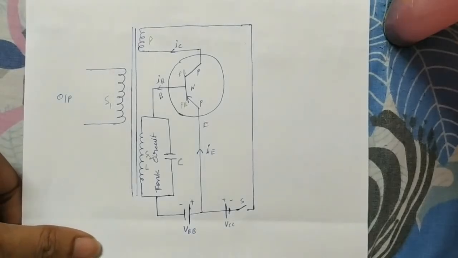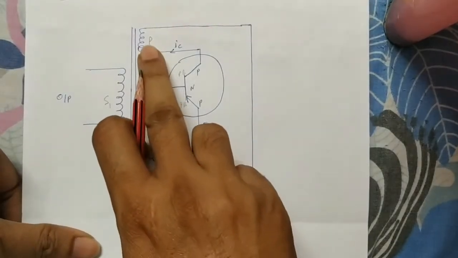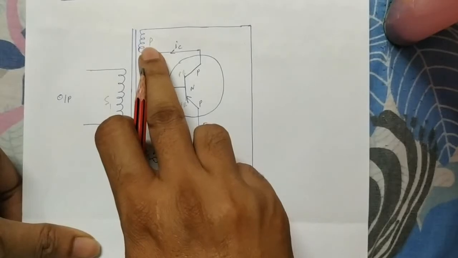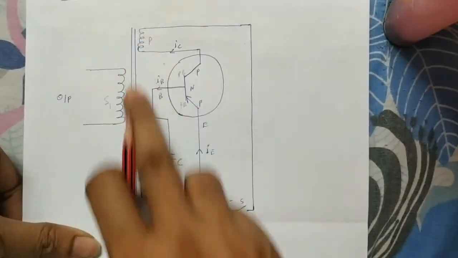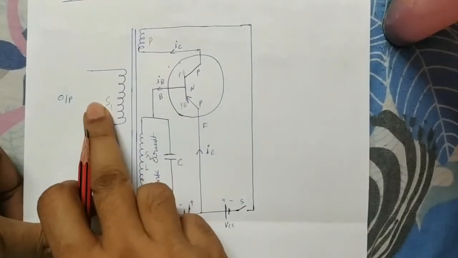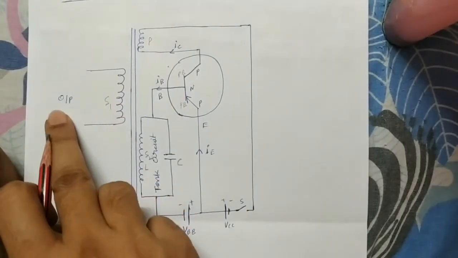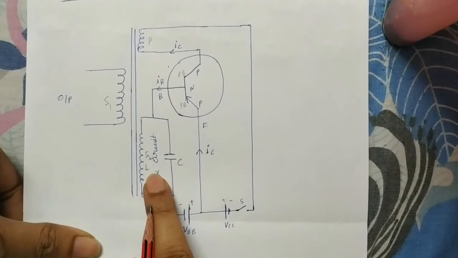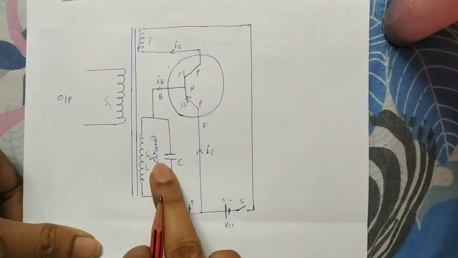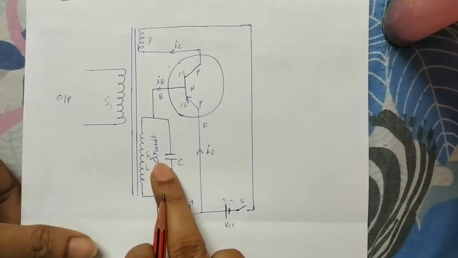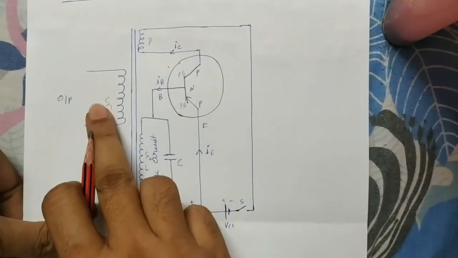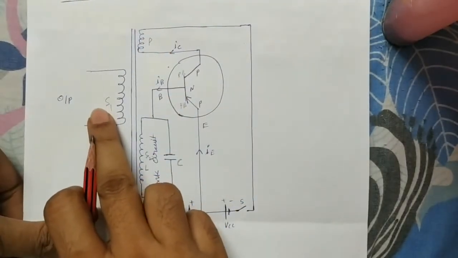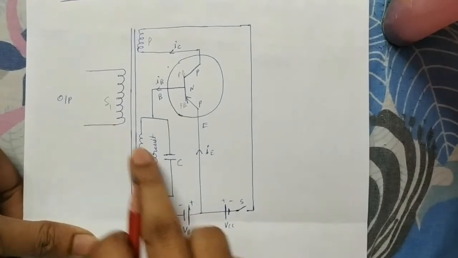Biasing condition over. Now this is the transformer primary circuit, the primary coil. It has two secondary coils on the same core. In one of the secondary coils we take the output, and the other secondary coil provides feedback. What is feedback? Whenever the current changes here, that change causes a current in the secondary circuit, and in the same manner a current is created here also.